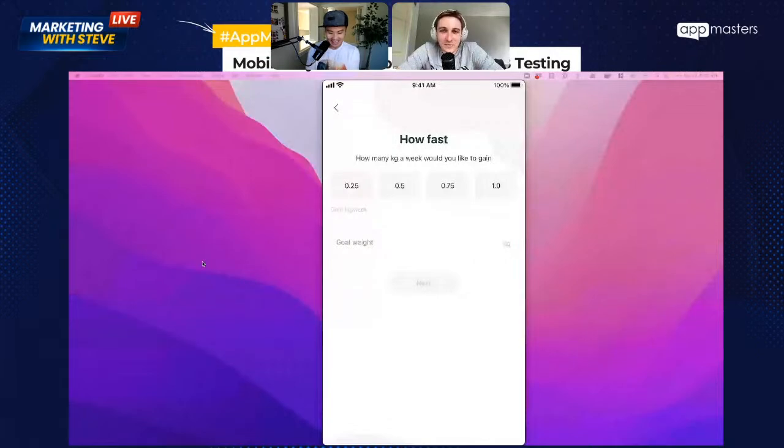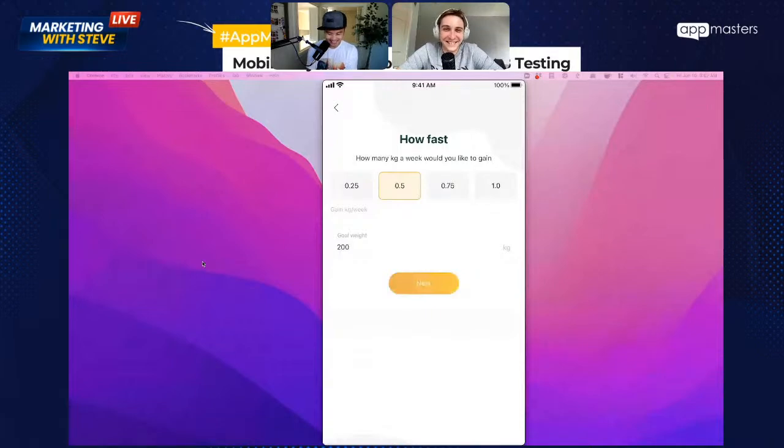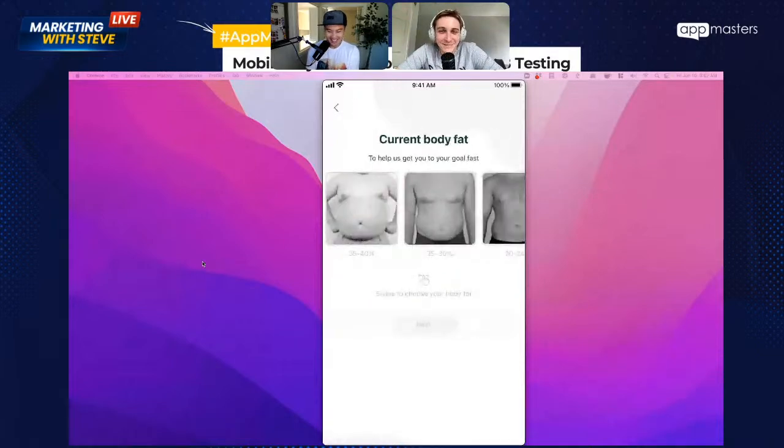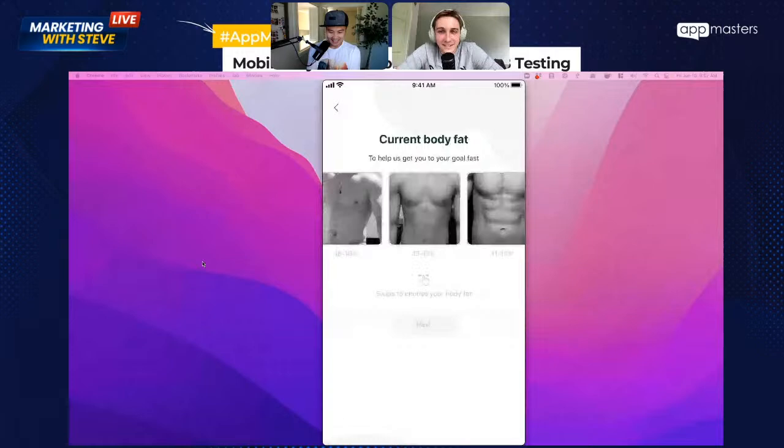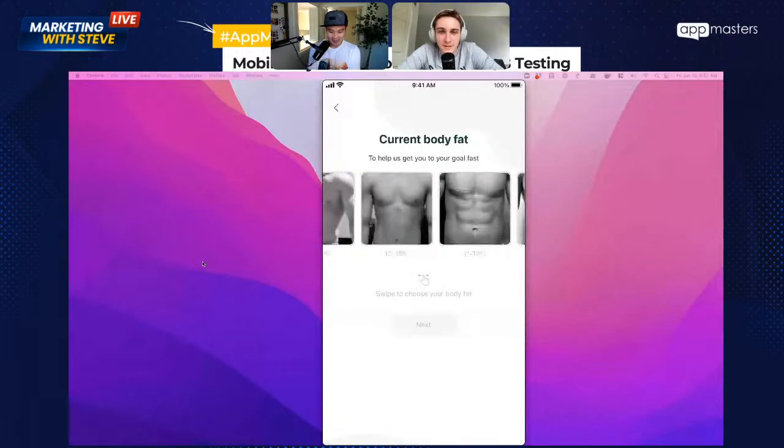How many kilograms do you want to gain? Let's just put 0.5 for now. Okay. And then total weight. Okay. How much you want to gain? What would you say, 70? 200. You look tiny. Which one? I think you're somewhere around. Pick any. Okay, let's go 15%.